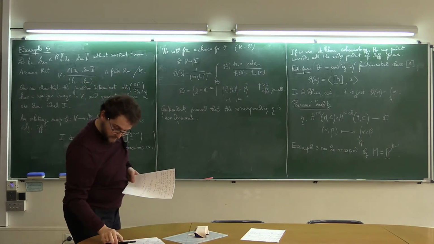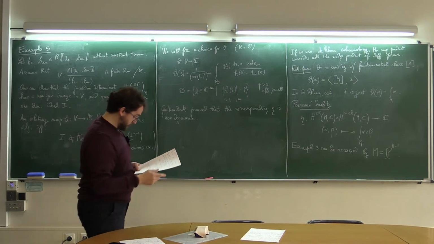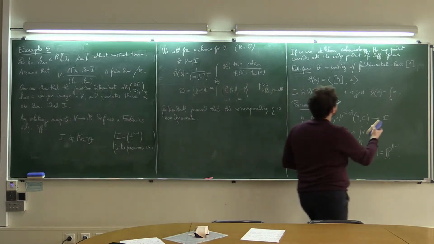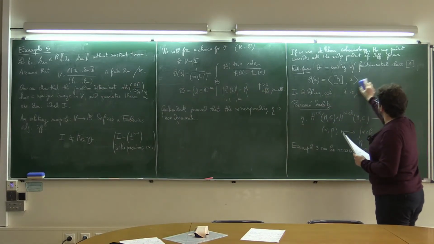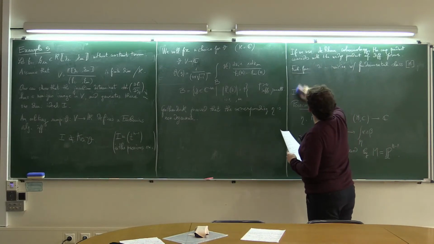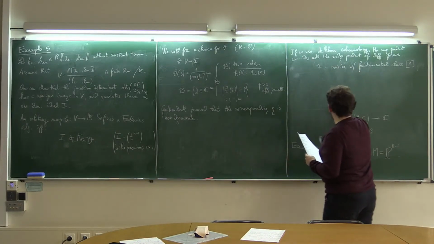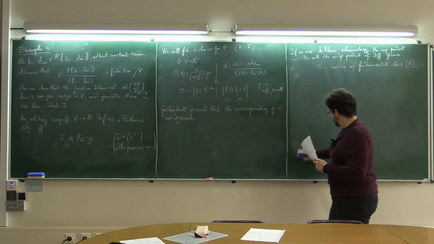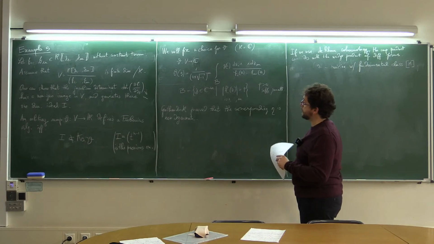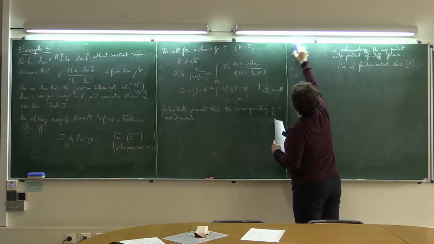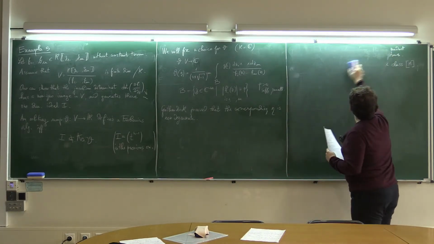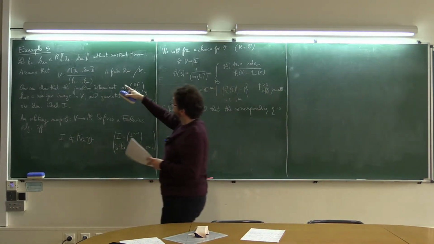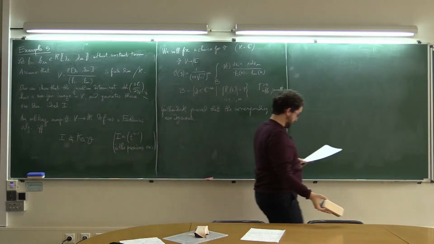Before doing a pause, I would like to finish this first part of the lecture by making some comments on these last two examples: the example coming from topology and this example of quotients in the ring of formal power series.